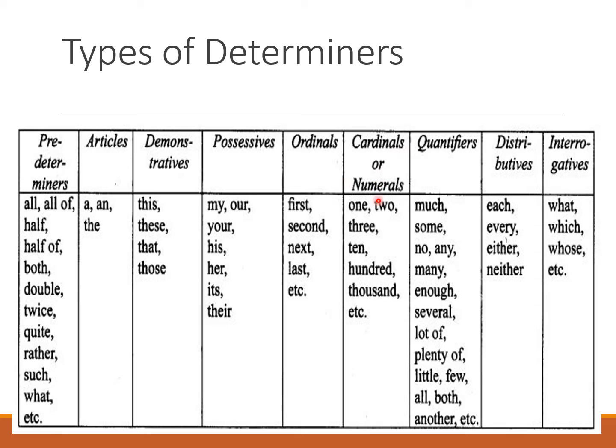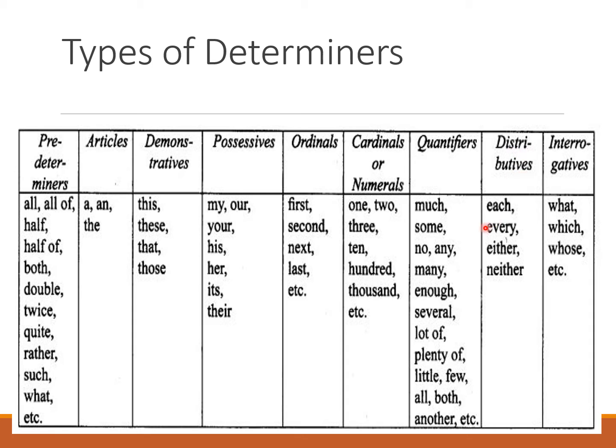Cardinals or numerals: 1, 2, 3, 10, 100. So the numbers mentioned here are numeral determiners. Ordinals show the order, first, second, third. It shows the order of the noun. Quantifiers show the quantity of the noun: much, some, no, any, many, enough, several, a lot of, plenty of, little, few, all, both, another, etc. are some of the quantifiers.